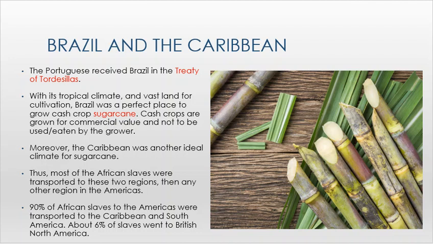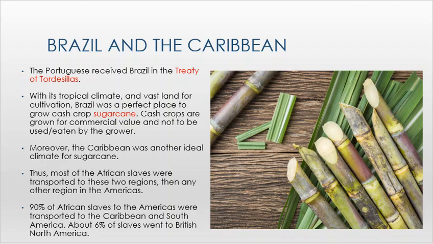It's not grown for that farmer to live off it. Okay, so sugar is grown in large amounts on plantations as a cash crop. Same with tobacco. Tobacco will be grown as a cash crop. It's grown primarily to be sold and to make a profit.